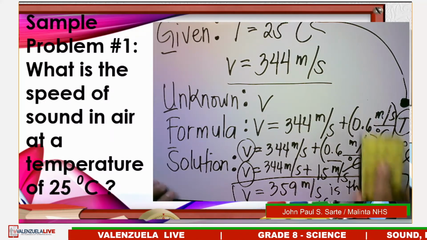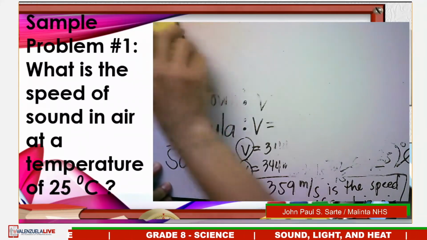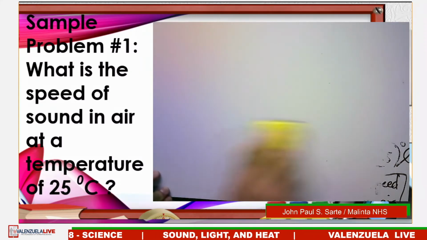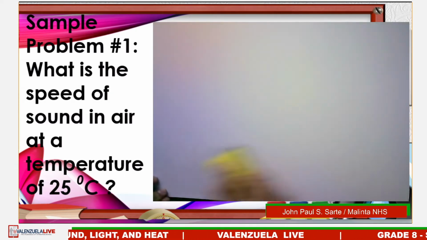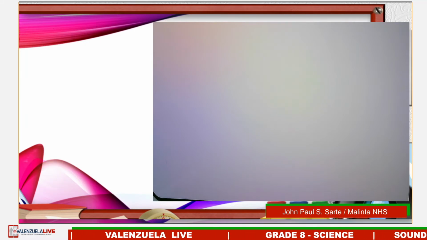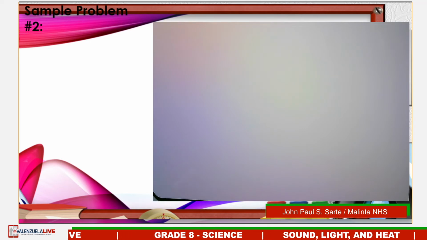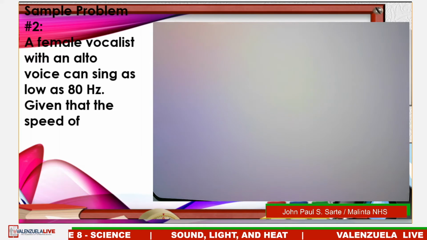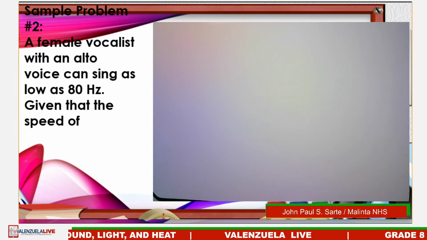Let us proceed to our second computation. Are you ready now for the second computation? Kindly ready your scientific calculator or calculator in order for you to participate in our discussion. Okay? So next, sample problem number 2. A female vocalist with an alto voice can sing as low as 80 hertz.